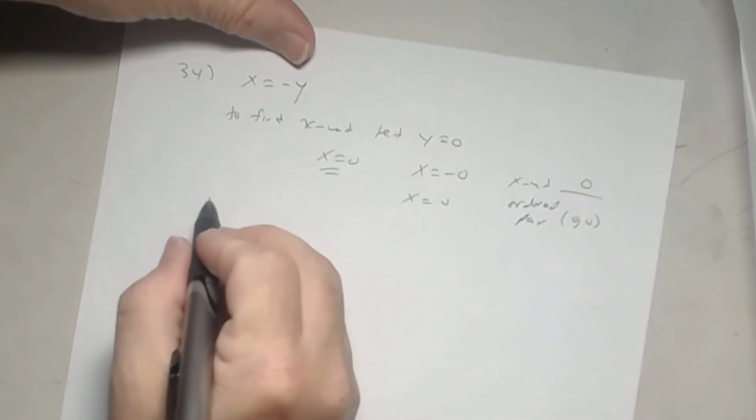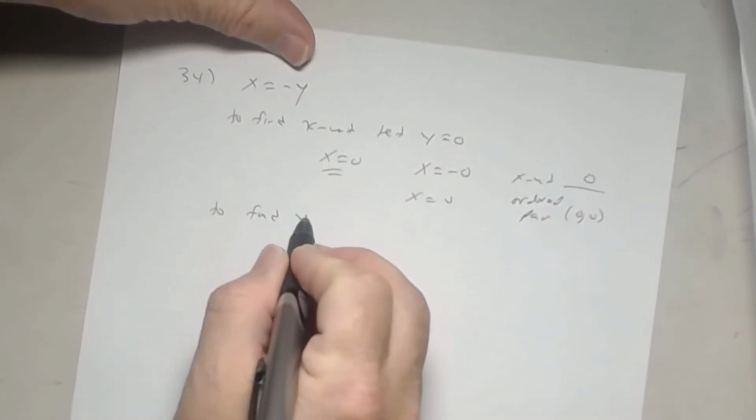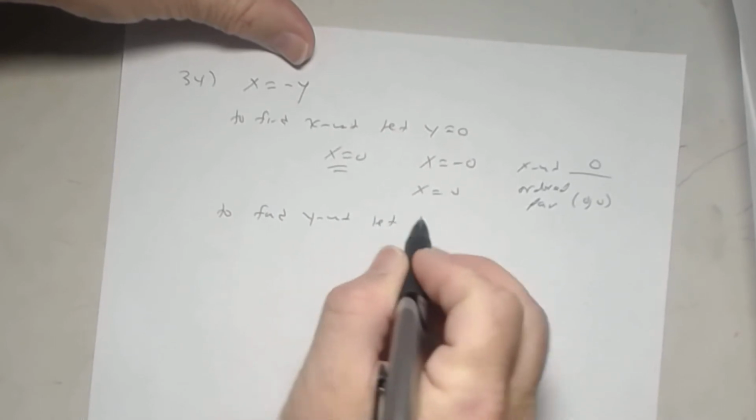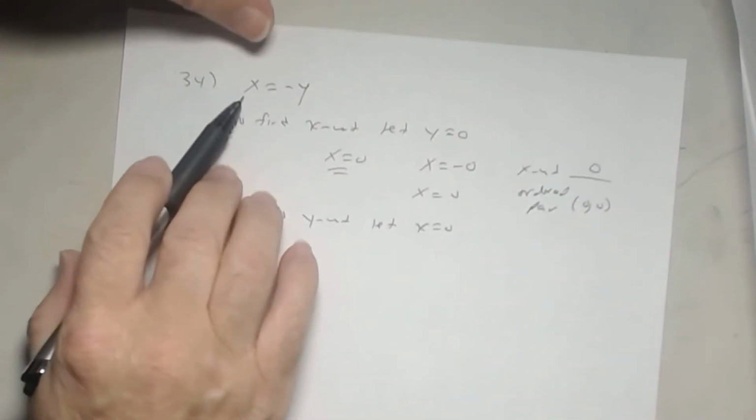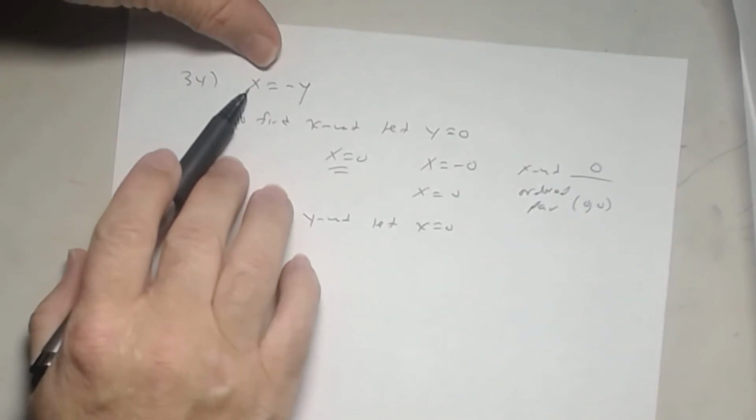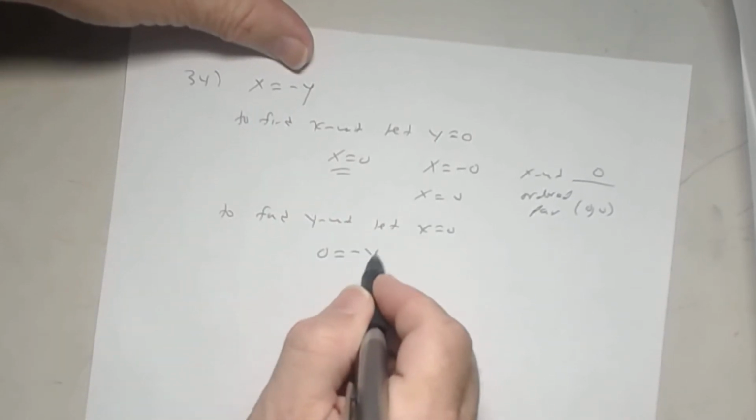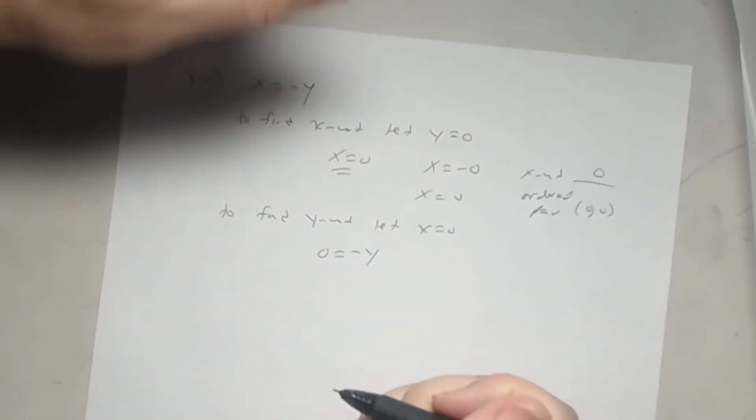Good. To find the y-intercept, you're going to let x equal 0. So notice what happens. x is 0, so wherever I see x, I plug in 0. So 0 equals negative y, correct? But I have to get y by itself.